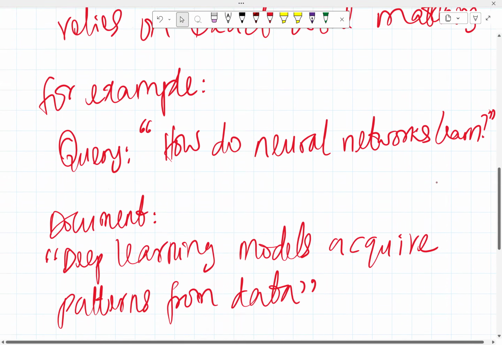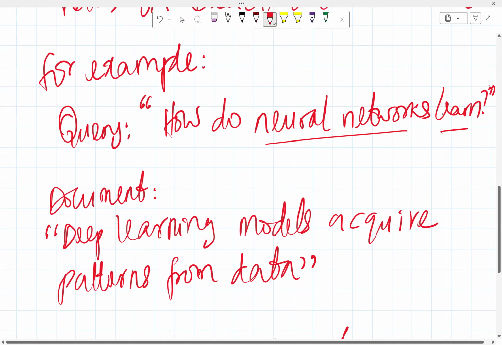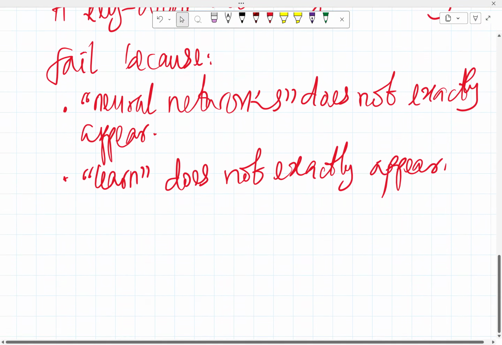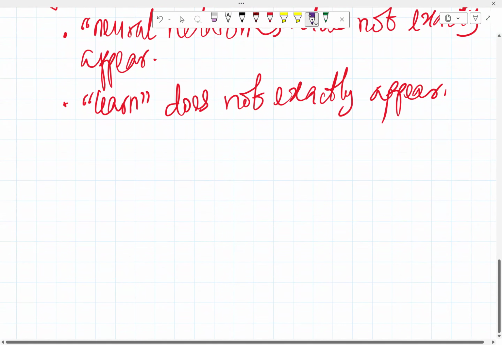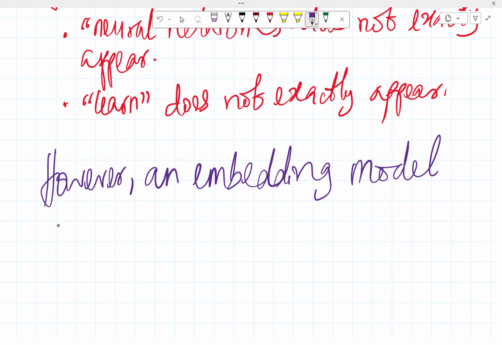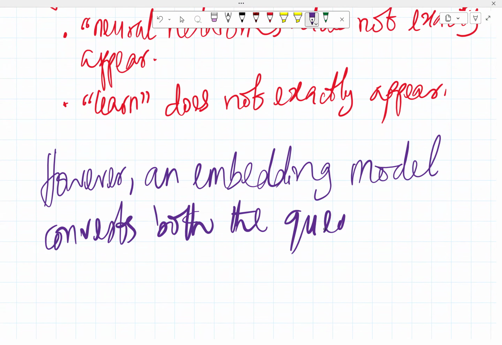So you see, you have neural networks here and learn, but then deep learning is here, but it's not the exact word like that. So the traditional method will fail, right?